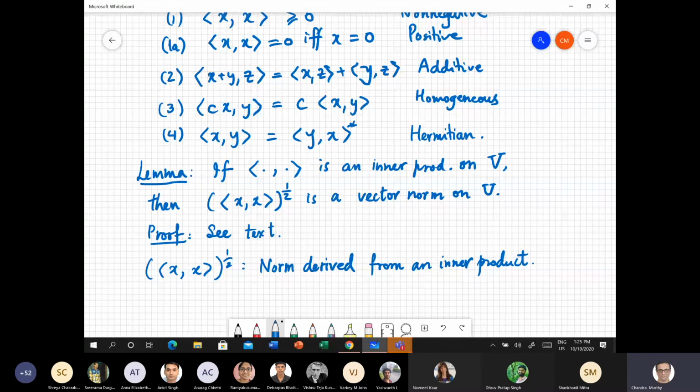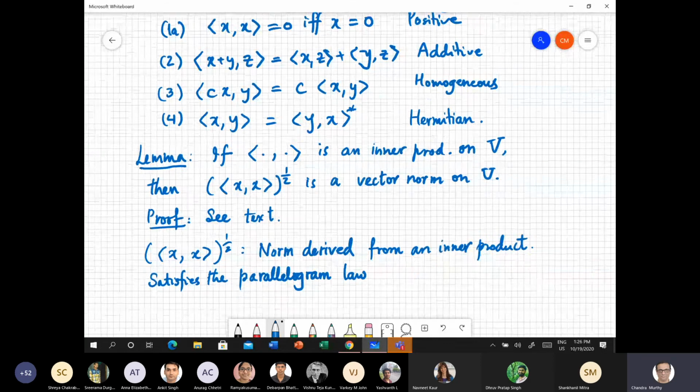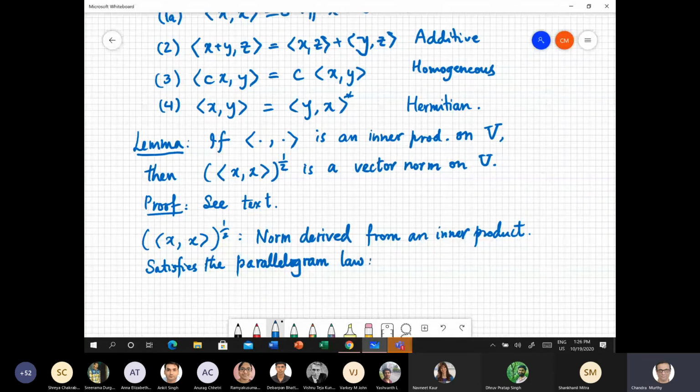And a norm derived from an inner product satisfies what is called the parallelogram law, which norms that are not derived from an inner product, we'll see examples of that momentarily, don't need to satisfy.